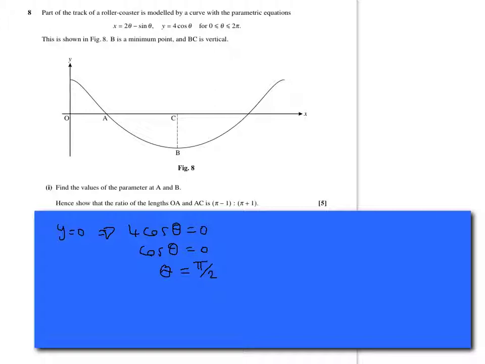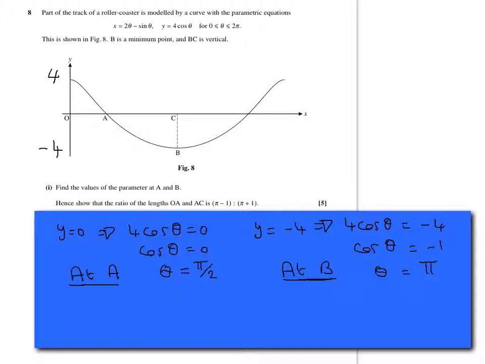So this actually goes between 4 and minus 4. So at this point, we know that y is equal to minus 4. This therefore gives us 4 cos theta equal to minus 4. Hence cos theta is equal to minus 1, giving theta equal to pi.